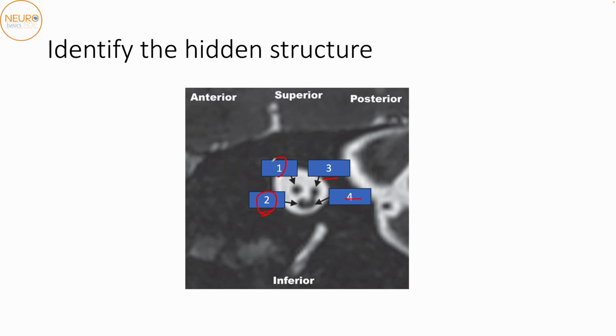The first thing is the seventh. This is superior, this is inferior, this is anterior, this is posterior. Anterior superiorly, you have the seventh. This is 7. All the other structures, 2, 3, and 4, are 8. This here is cochlear. 3 and 4 are vestibular. 3 is the vestibular superior division, and 4 is the vestibular inferior division.